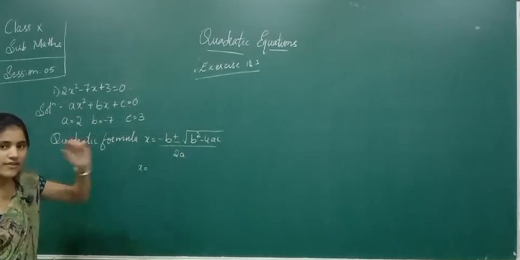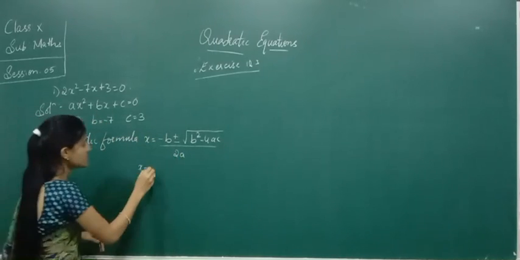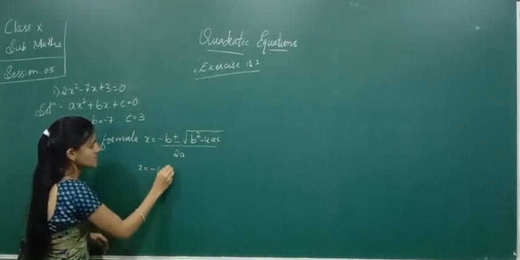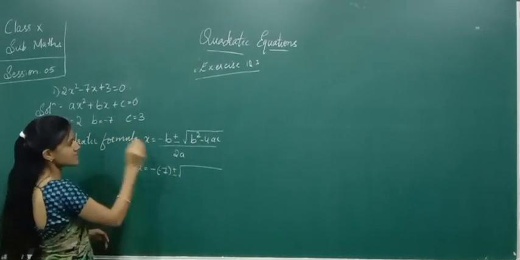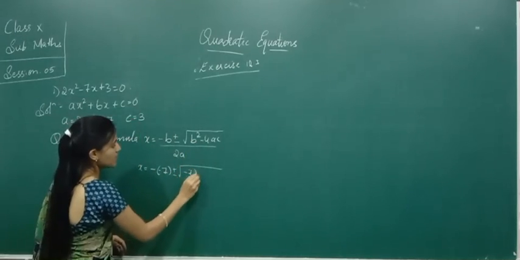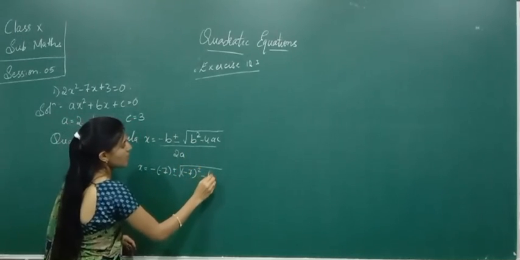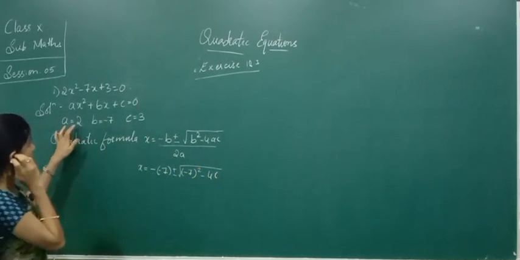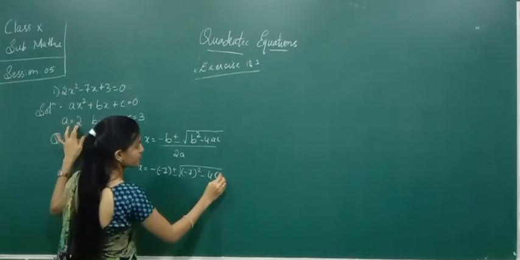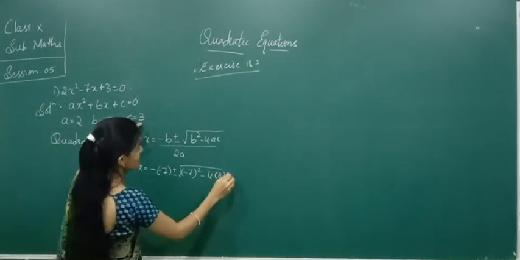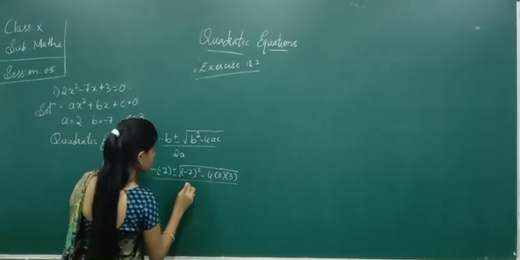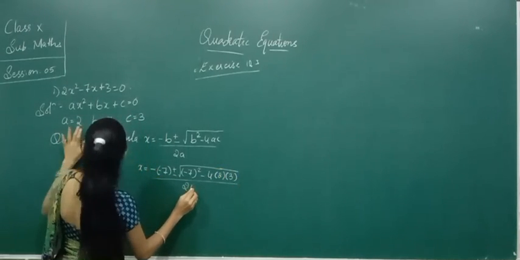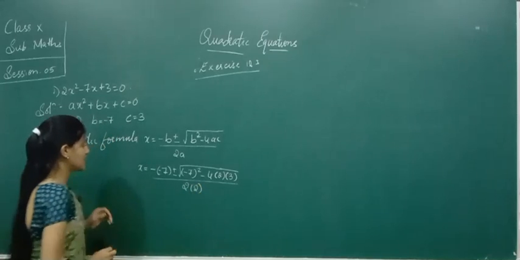I already have here minus sign, right? That is minus of minus 7 plus or minus root of b is minus 7. It's a square. Minus 7 square minus 4 into what is a? A is 2. And what about c? C is 3 divided by 2 into value of a is 2. Okay. Let us solve simplifying.